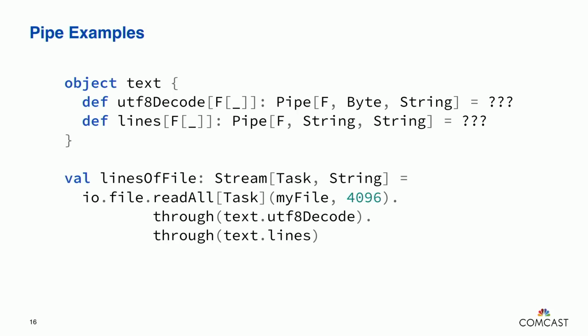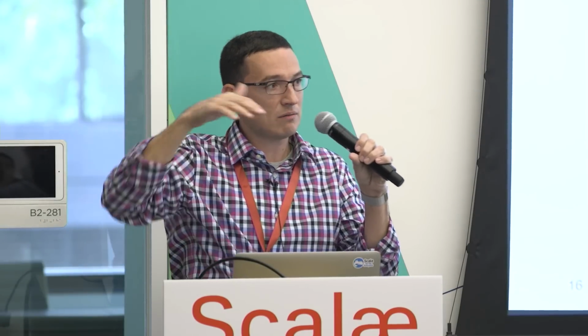And this is maybe an example of what stream transformation might look like. We have two pipes defined here, utf8Decode and lines. The utf8Decode pipe is going to pull bytes in from some source stream and turn them into strings using some UTF-8 library. And lines is going to pull strings in and output strings, but re-chunk the strings based off of carriage returns, right?